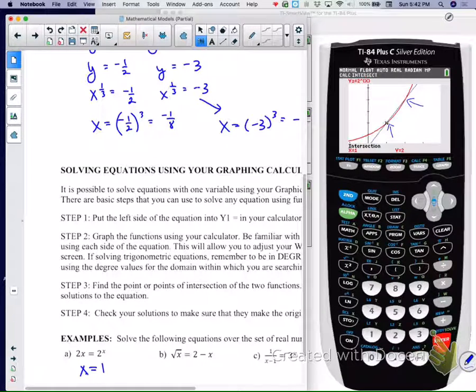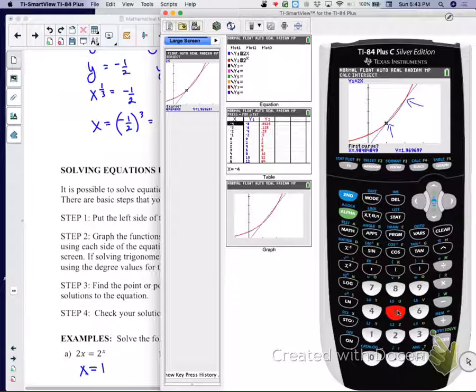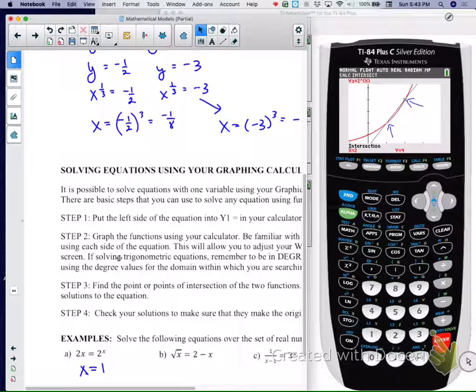And then same thing again to find the other one. Okay, so this time I'm going to come up here. And 2, 4.